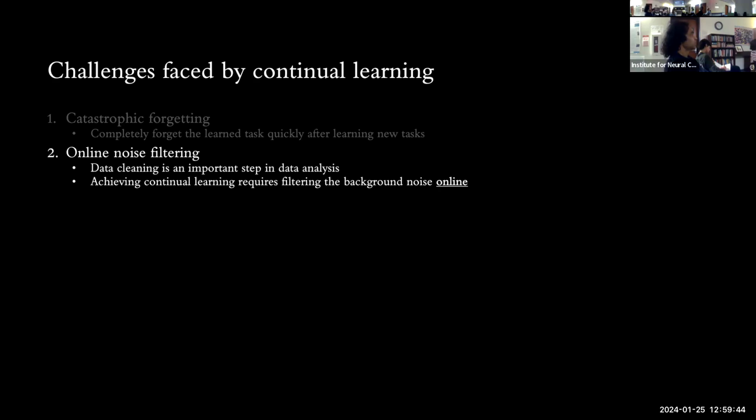We know that data cleaning is an important step in data analysis, and some people might even say it's the most important step. The difficulty of doing that in the continual learning paradigm is that you need to do it online. As the data comes in as a stream, you don't know what data is coming after this.